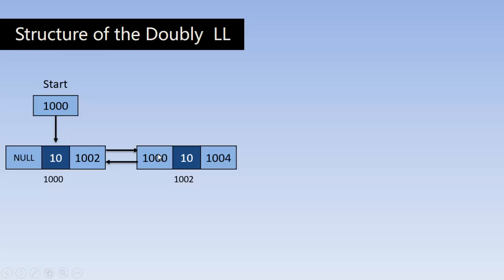The left link of the second node is pointing to the third node, and the right link of the third node is pointing to the previous node. That means the address of the second node is stored in the third node, and the address of the third node is stored in the second node.